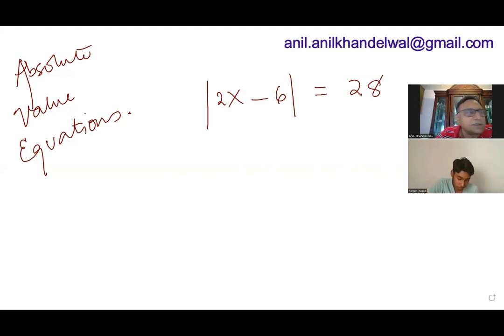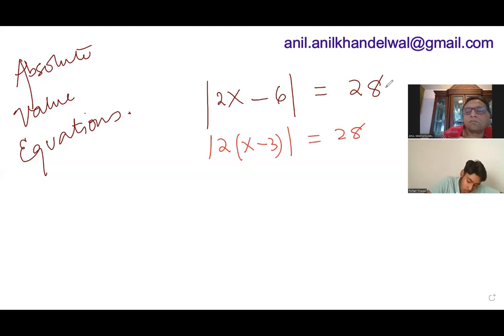What we can do is first factor out 2. So that would be 2 times (x minus 3) equals 28.